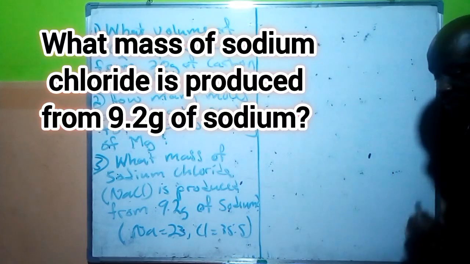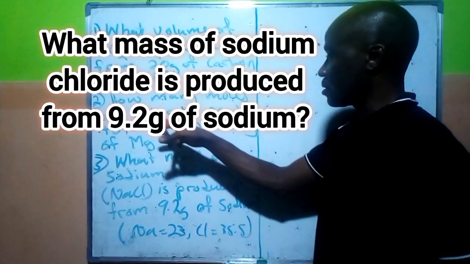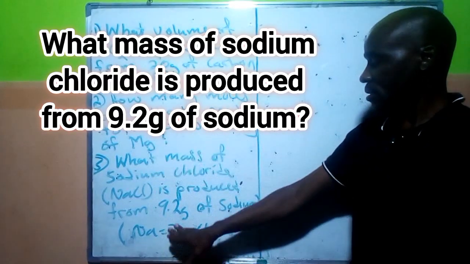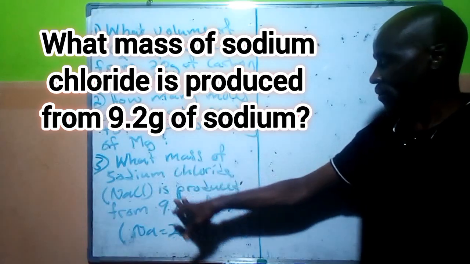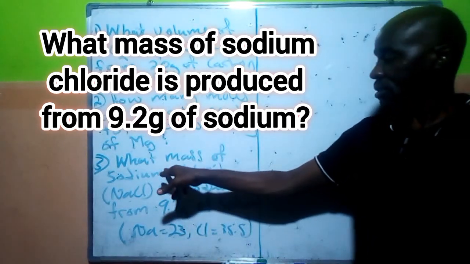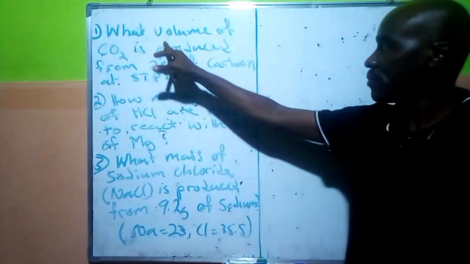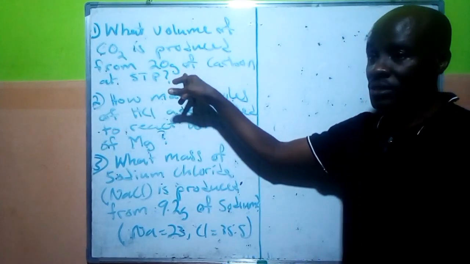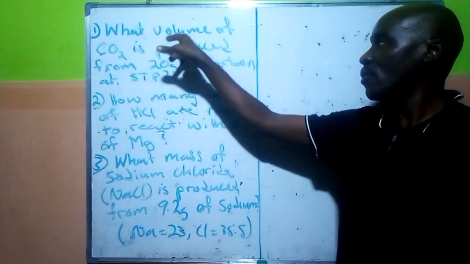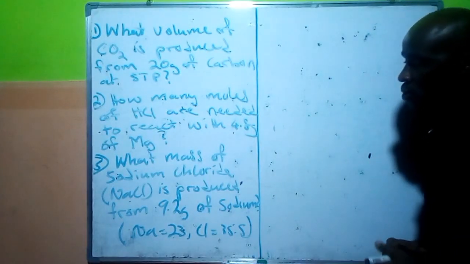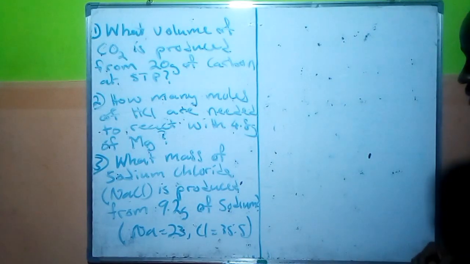This other one is giving us mass of a reactant to mass of the product. This other one is giving us mass of the reactant to volume of the product, which is carbon 4. You just see the way it moves. So the next one we're doing, let's handle this other one.